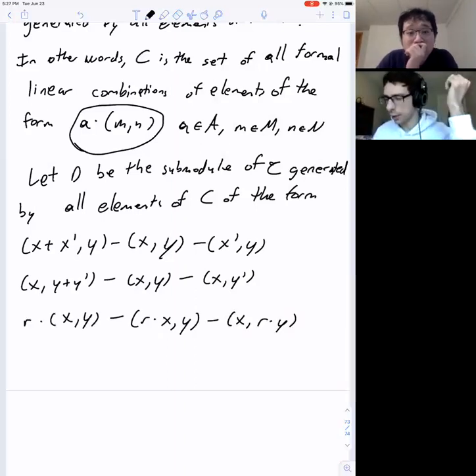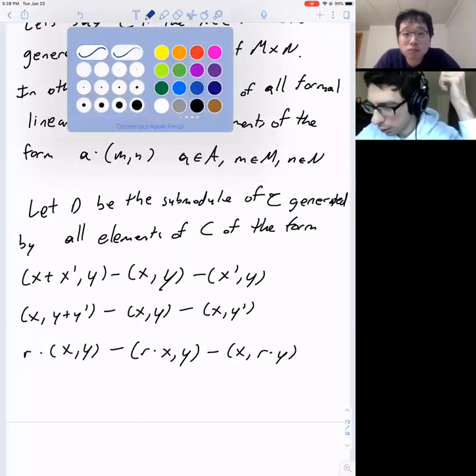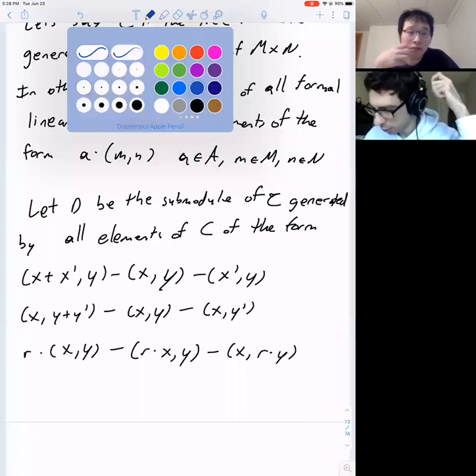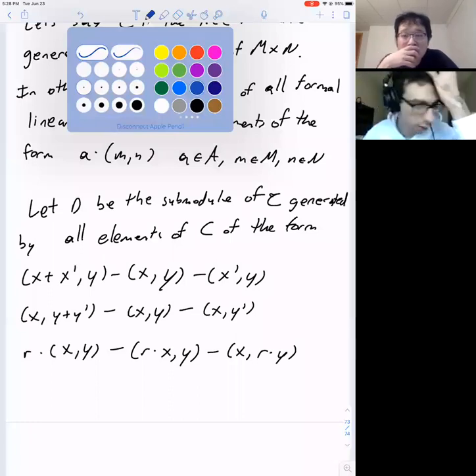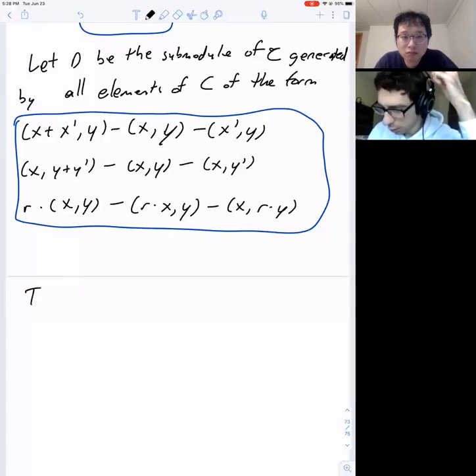So C is the set of formal linear combinations of elements of this form up here. D is a submodule of C generated by all elements of this form. So T is their quotient module.